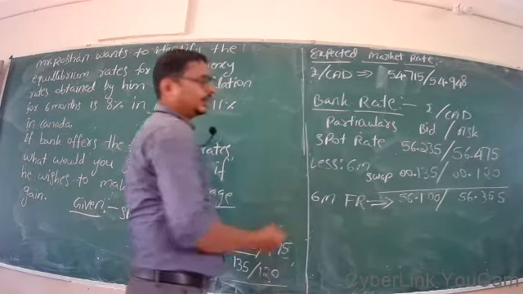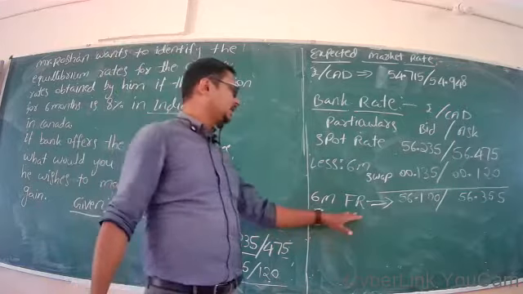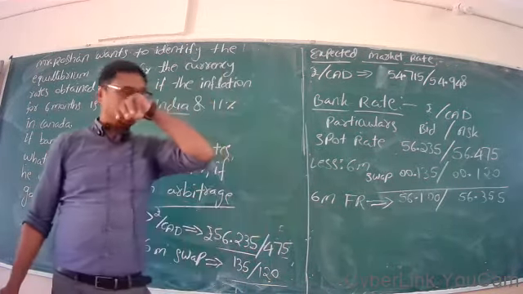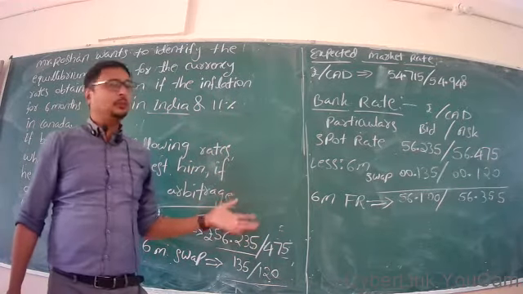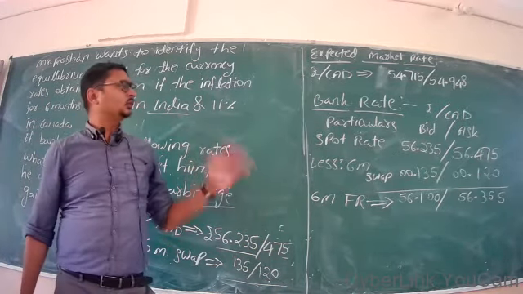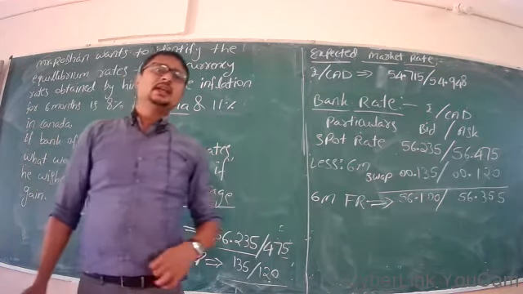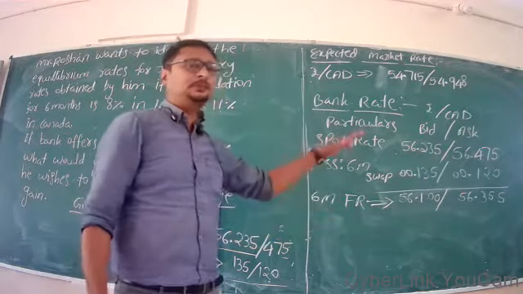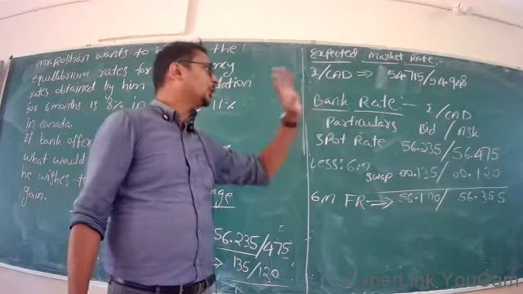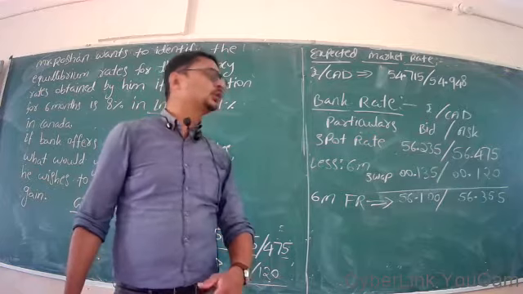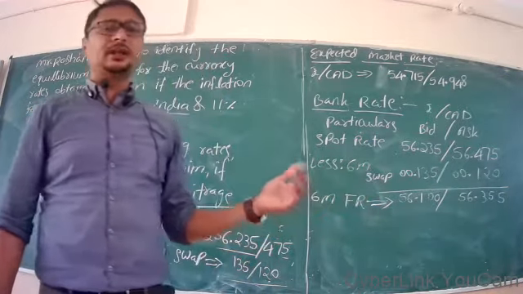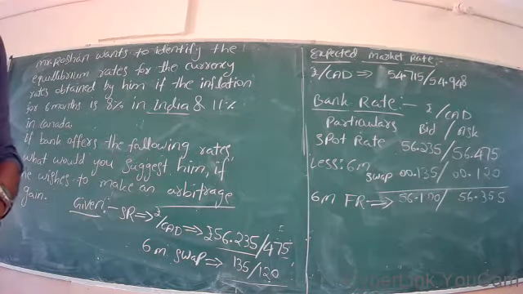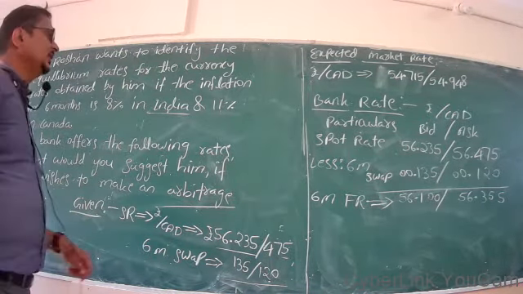For the outright or forward rate, I am writing FR, forward rate. We calculated the 6 month forward rate with the help of the swap points given by the bank, 135 oblique 120. Since it is in decreasing order, we deduct the swap points from the spot rate. The spot rate is 56.235 rupees per Canadian dollar bid price and 56.475 rupees per Canadian dollar ask price.